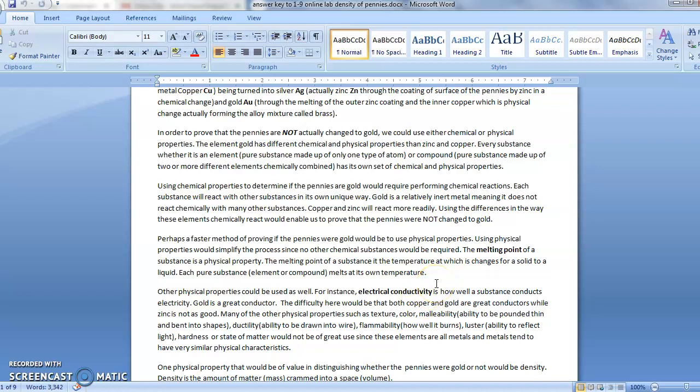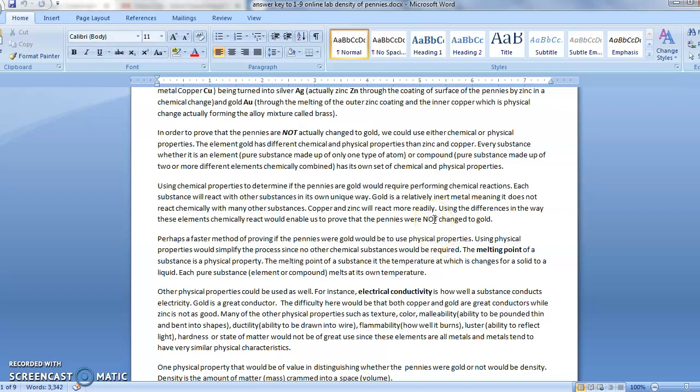We did not want to use chemical properties to determine if the pennies were actually gold, because we might cause a chemical reaction which turns that gold into another compound, and that could greatly ruin the value of that gold. When you do a chemical reaction to look at chemical properties, you can turn that substance into a different compound that has different properties entirely.